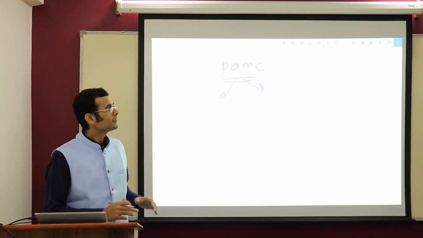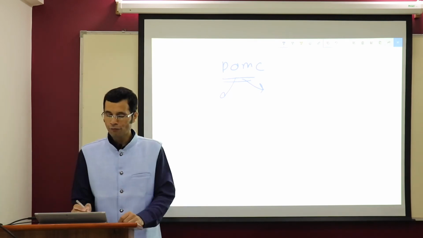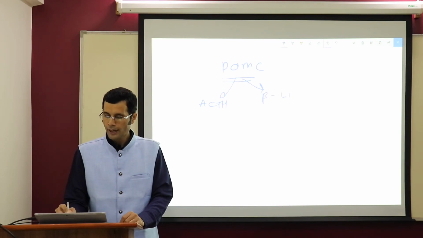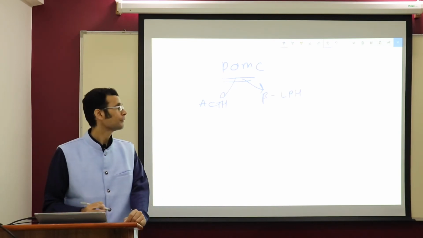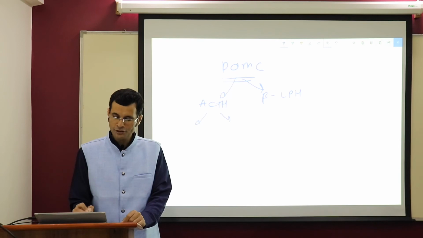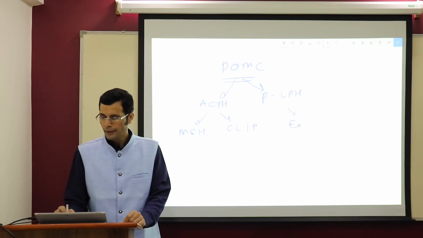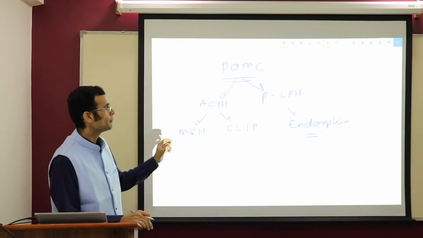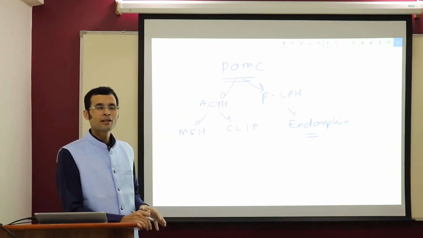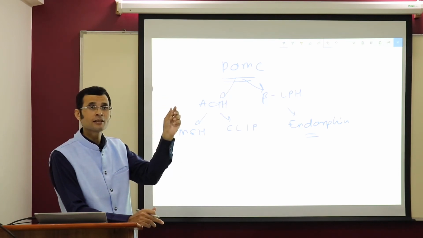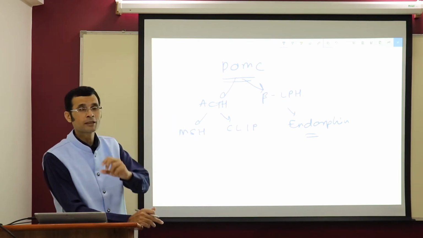Now, its first proteolytic cleavage will form corticotropin or ACTH and lipotropic hormone, and then the further cleavage will form MSH, CLIP, endorphin. So, multiple types of hormones form from one single pre-pro hormone, one single precursor.